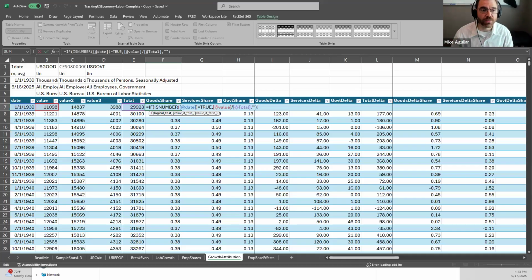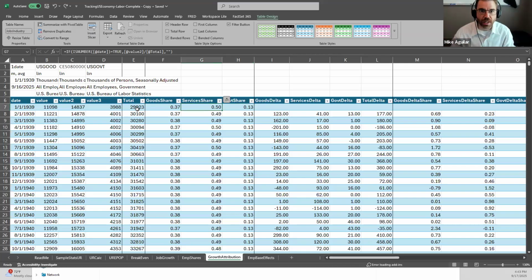Otherwise, give me the share. 0.37 means 11098 divided by 29923. In other words, goods were about 37% of total employment in January 1939. Services were 50 and government about 13.